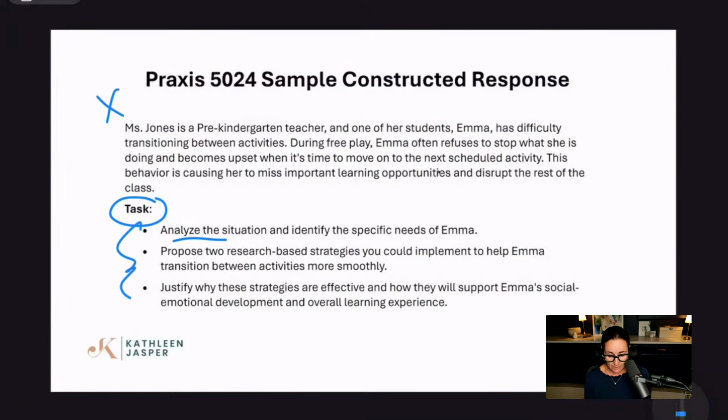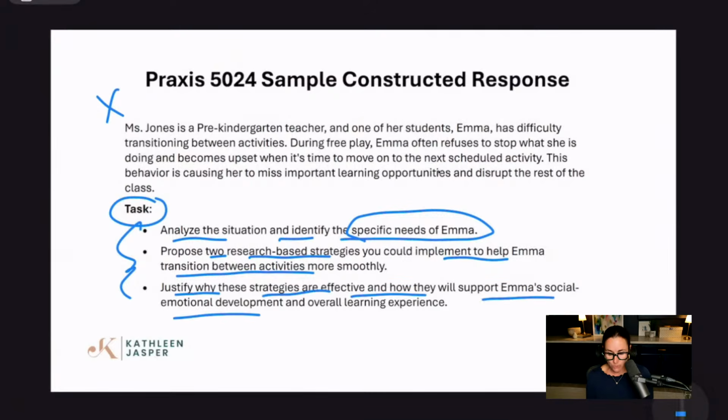First thing we have to do is analyze the situation and identify specific needs of Emma. Okay, so we need to figure out what's going on with Emma. Propose 2 research-based strategies you could implement to help Emma transition between activities, and justify why these strategies are effective and how they will support Emma's social emotional development. This is classic.